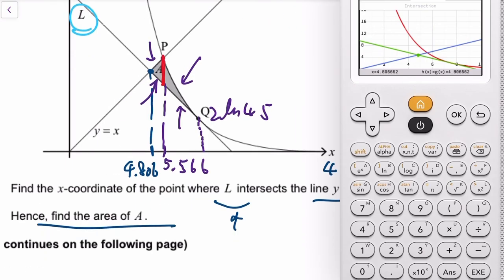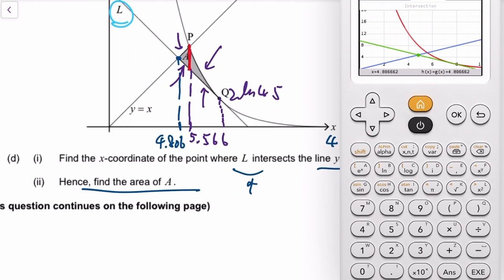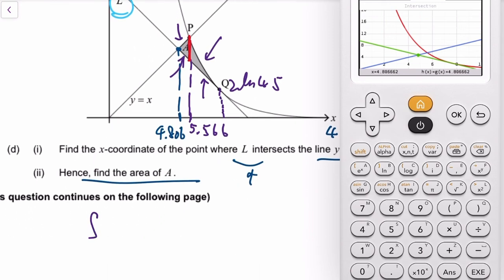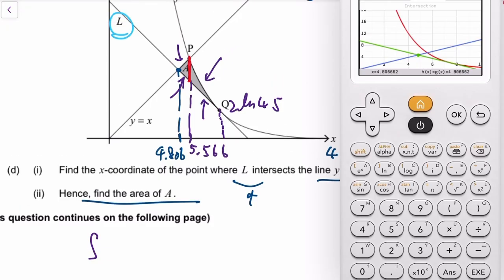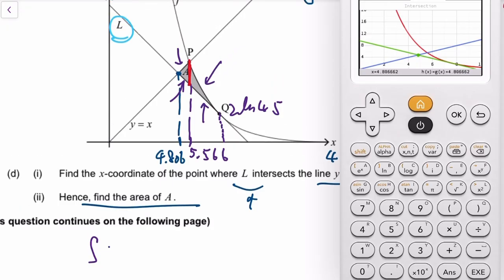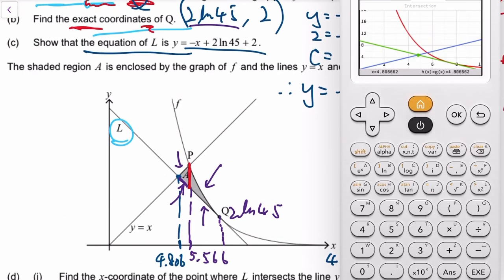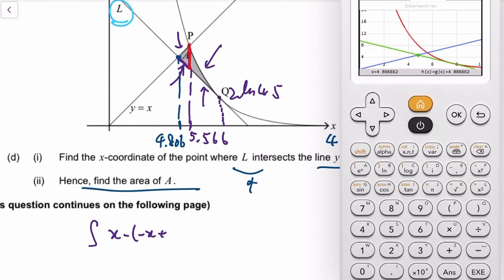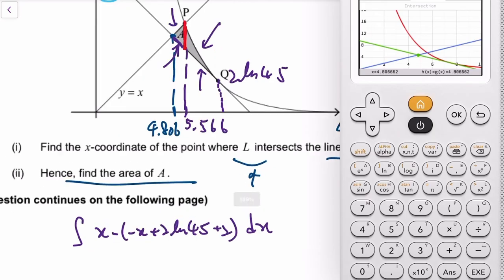Whenever your area is formed like this with an upper curve and a lower curve between two different x values, you want to integrate the upper curve minus the lower curve. So for the left-hand side, the upper curve is x minus the lower curve L. L has the equation that, right? So it's x minus (negative x plus 2 ln 45 plus 2), we missed the plus 2, dx.